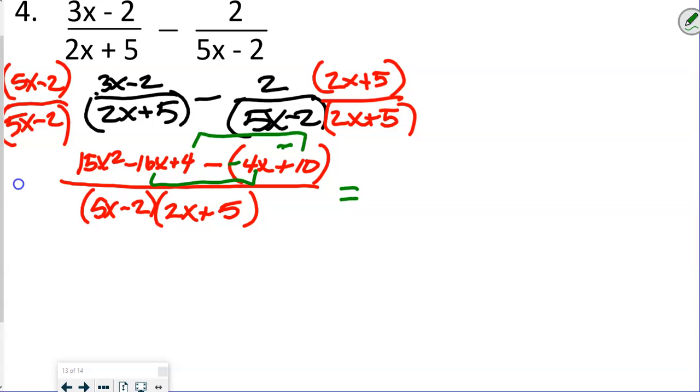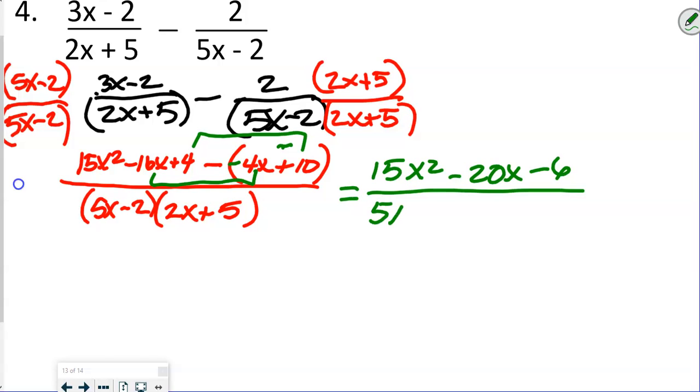So we're going to end up with 15x squared minus 20x minus 6. And that's going to be over our 5x minus 2 and our 2x plus 5.